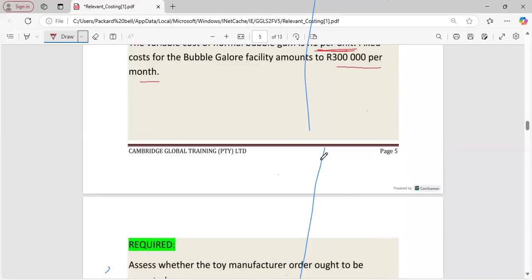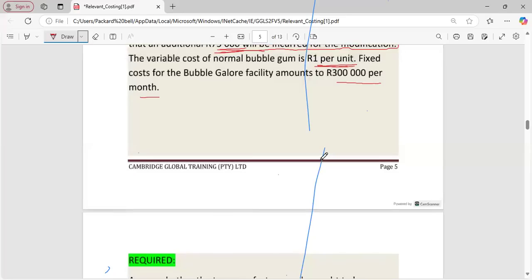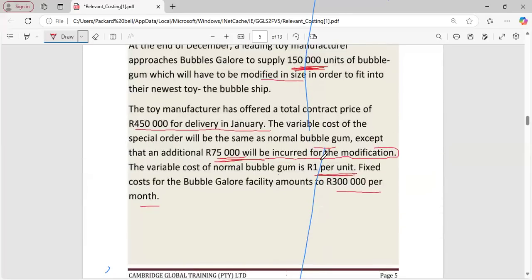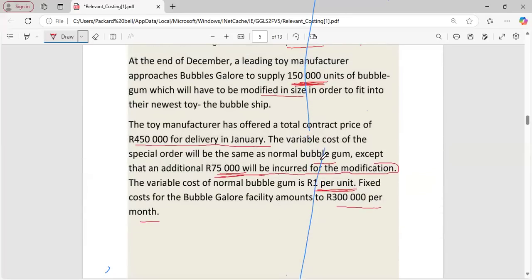Okay, thank you, Lovemo. My question is that we are not also comparing the normal cost against the special order. For example, our total cost there is the same as the total income for the special order.